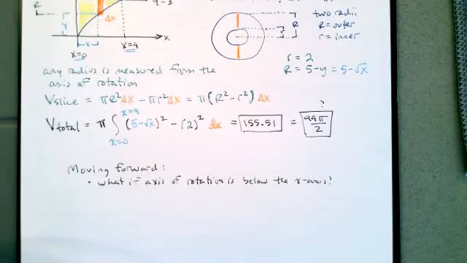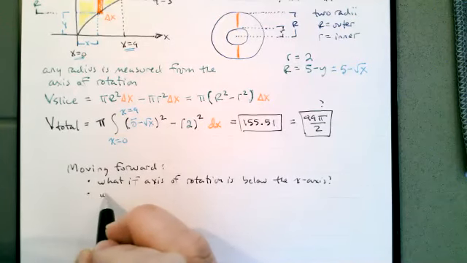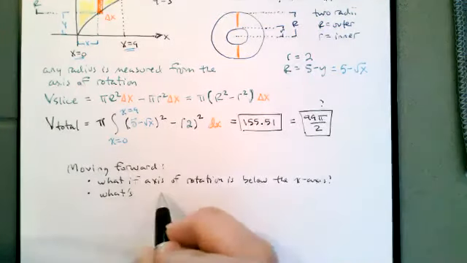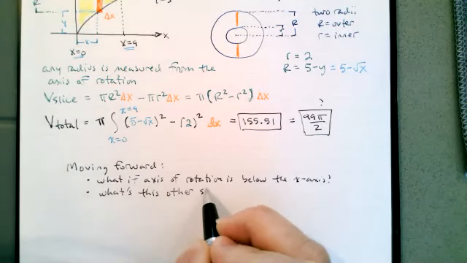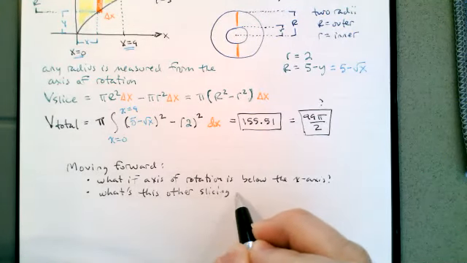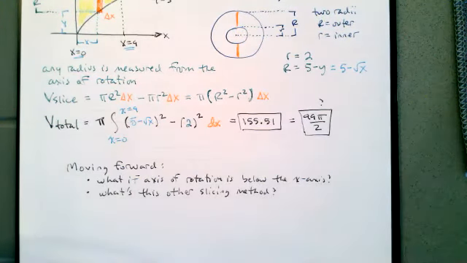So what if we're rotating about the line y equals -2? What would the shape look like? But more importantly, how would we set up the two radii to calculate the volume? And what's this other slicing method you talked about? So those are some things that we want to consider moving forward.